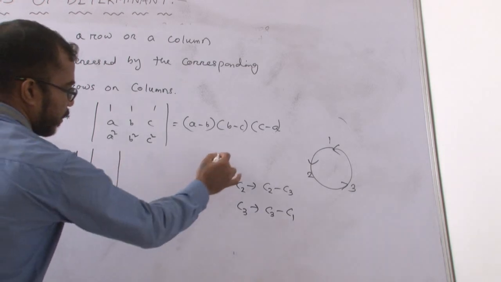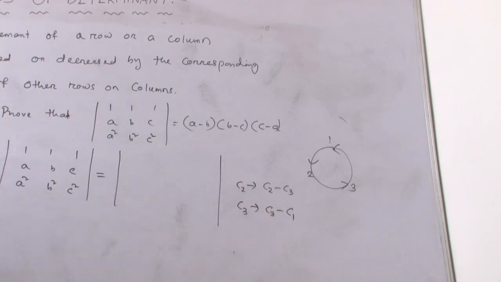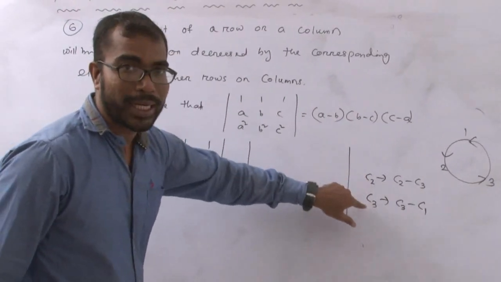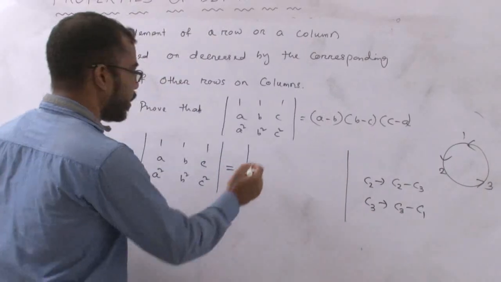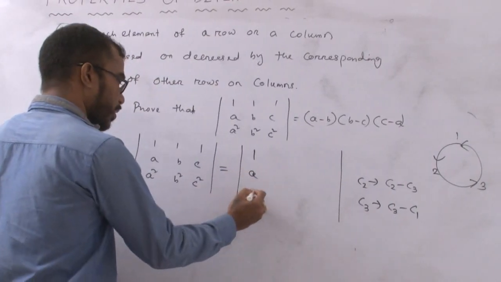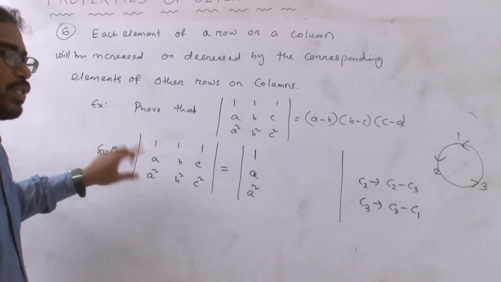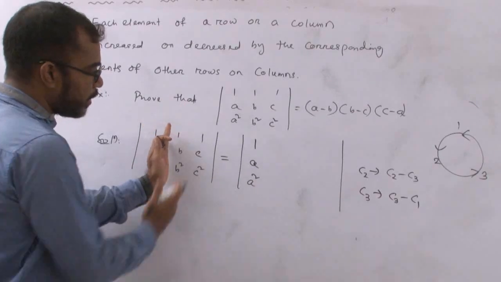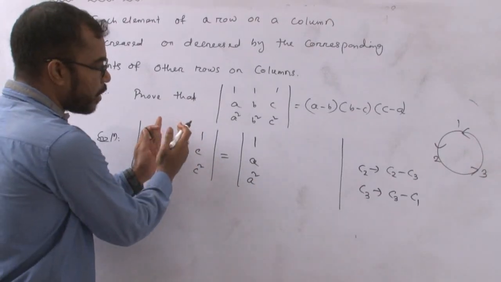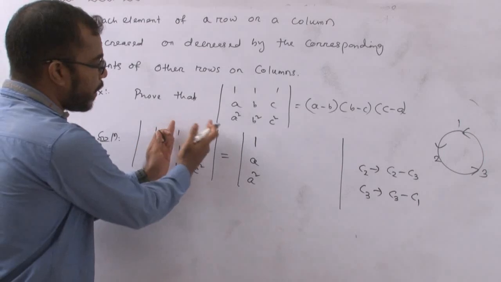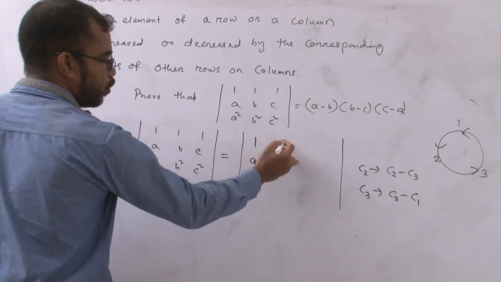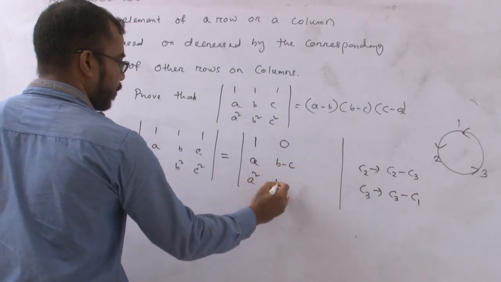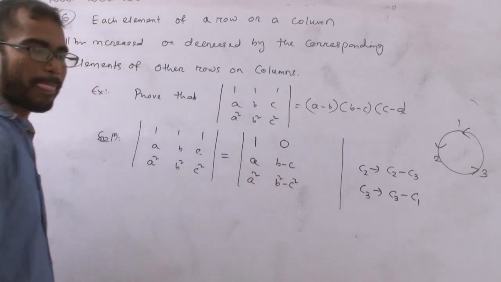So in this rule you can apply the second step. Here we make changes in column 2 and column 3, and column 1 remains the same: 1, a, a square. Now column 2 becomes C2 minus C3: 1 minus 1 is 0, b minus c, and b square minus c square.